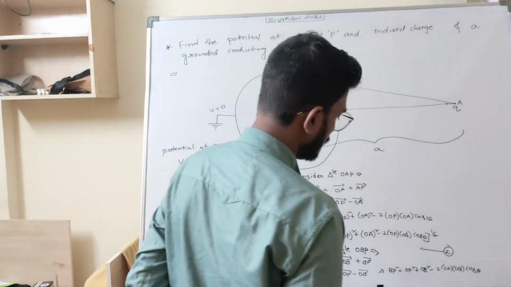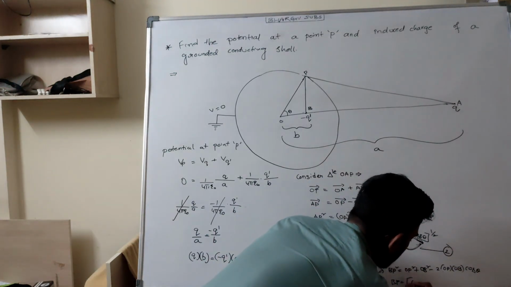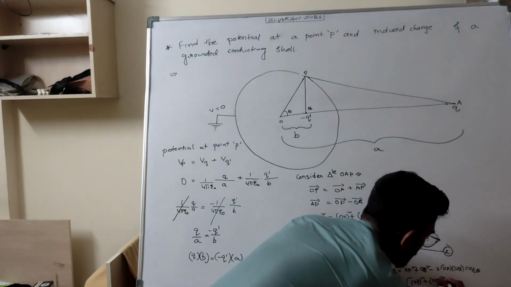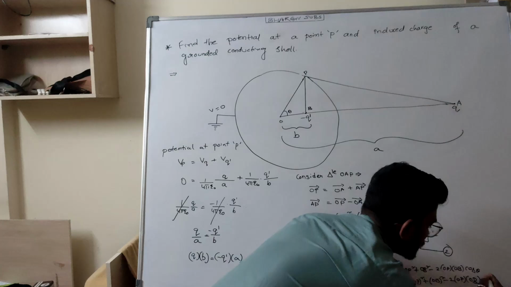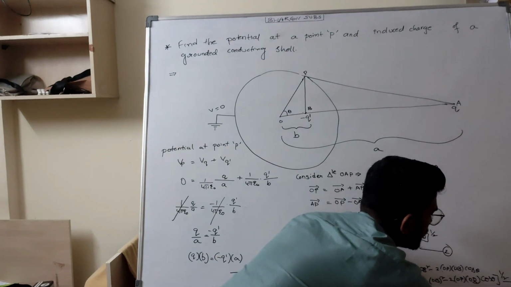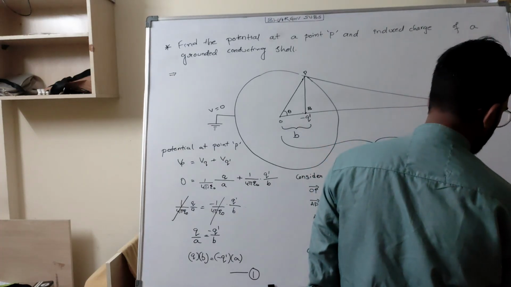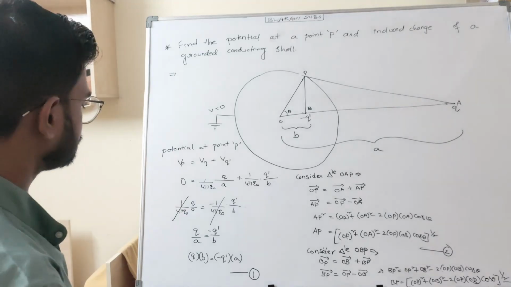So BP is equal to OP square plus OB square minus 2 OP OB cos theta, whole to the power 1 by 2. This is equation 3. So I found AP and BP.